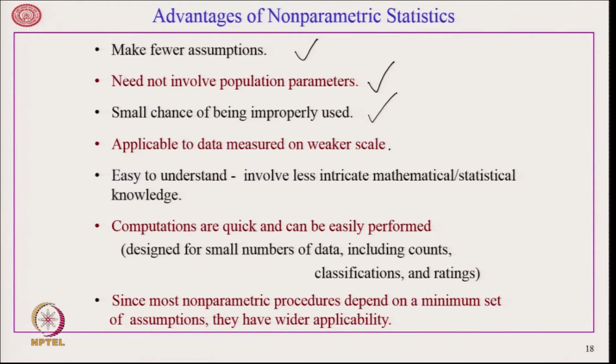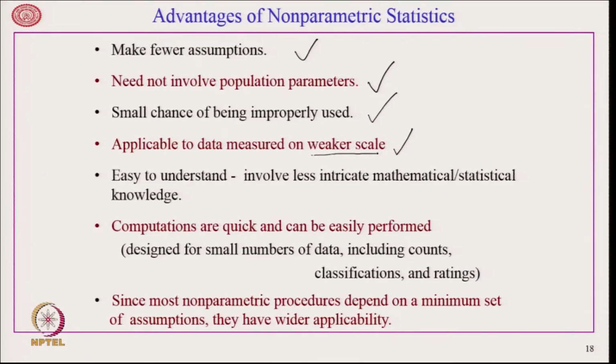Applicable to data measured on a weaker scale, as I have been telling that marks is a much stronger scale in comparison with grades, because it merges several marks into the same grade. Therefore, that is a weaker scale. It is easy to understand and involves less intricate mathematical statistical knowledge.